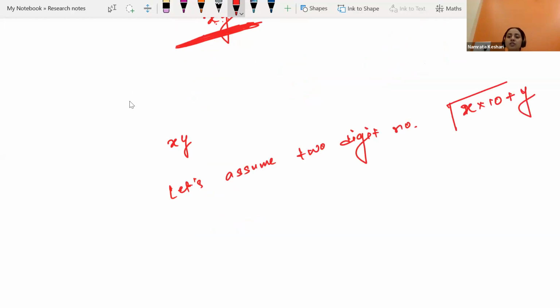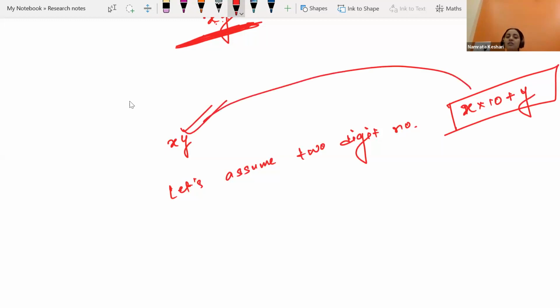So this is what we will write on the paper. In our mind we assume this one, but we write it for clarity, like x into 10 plus y.